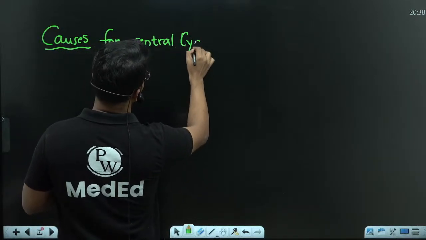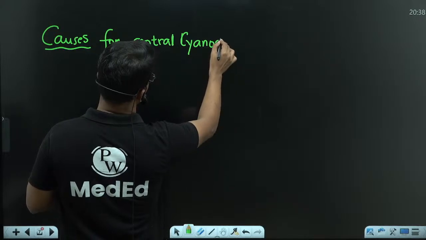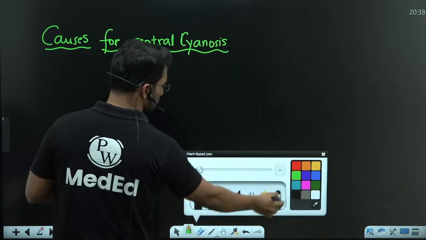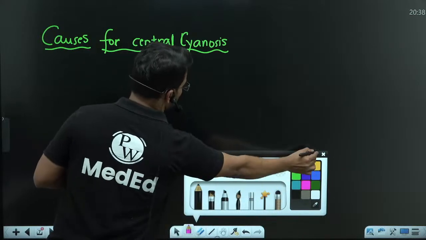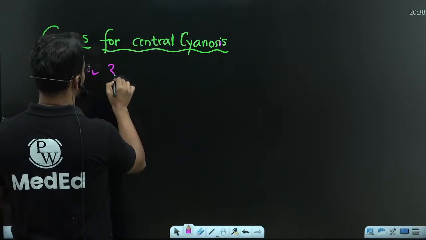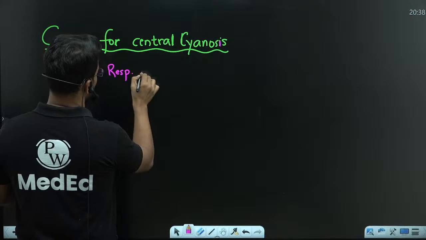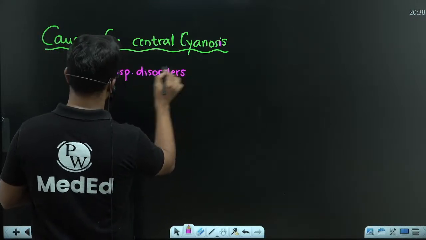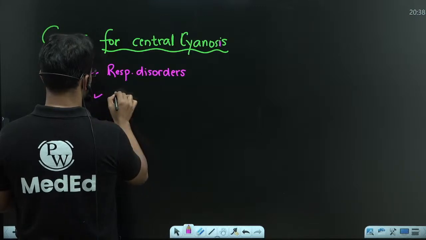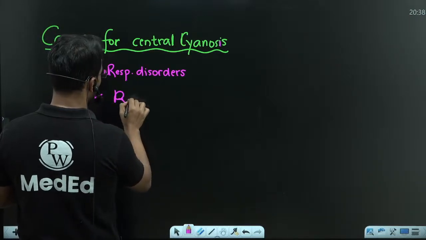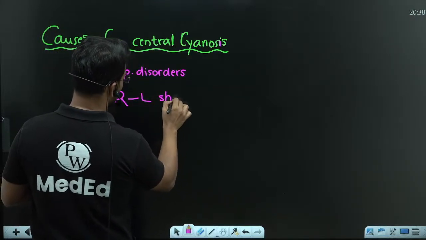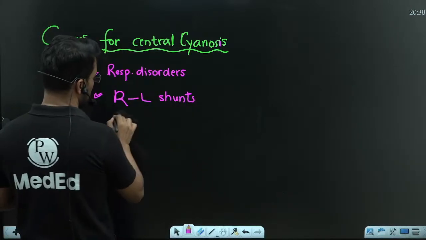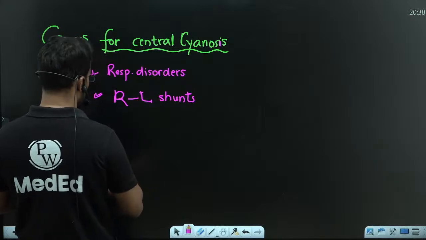So what can decrease the oxygen levels in the blood? We just discussed that, right? We have discussed all the causes for hypoxemia. So when we have respiratory disorders, okay, then when we have right to left shunts in the heart, like ASD, VSD and other congenital heart diseases.